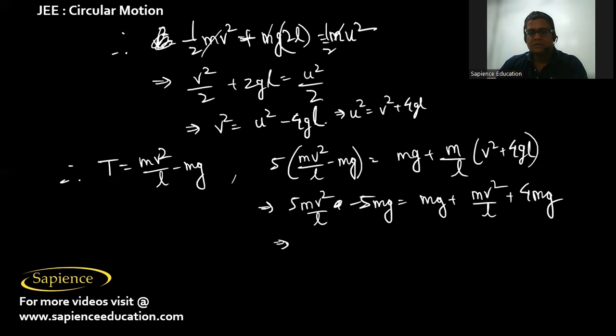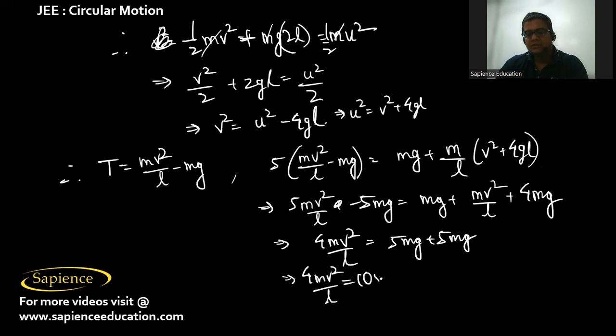So then we can say this will be 4mv square by L, that is equal to 5mg plus 5mg, that is 10mg. So 4mv square by L is equal to 10mg. So m will cancel out. Then v square will be equal to 10gL by 4.